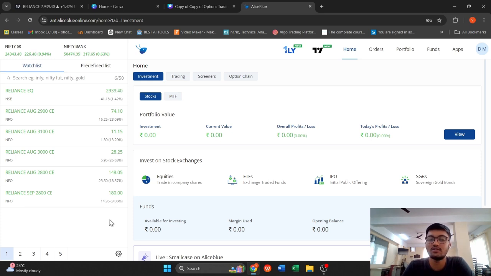Why is that the case? Because this is only about the time to expiry. If the contract has a longer time to expire, it is priced more. There's some indicator behind how exactly this works.